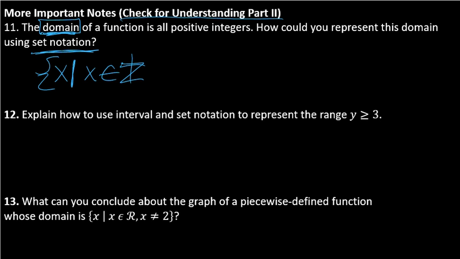Okay, so here's another constraint. It's an integer, but it's a positive integer, all positive integers. So we're going to say that x is greater than 0.